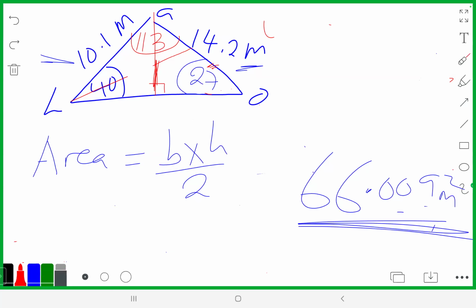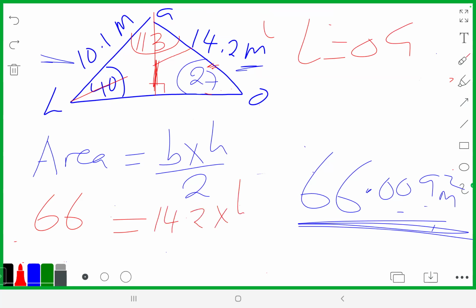Let's compute. What is our area? 66, right? Let's just say 66 is equal to, what is our base? It is from L to OG, 14.2, times the height divided by 2.